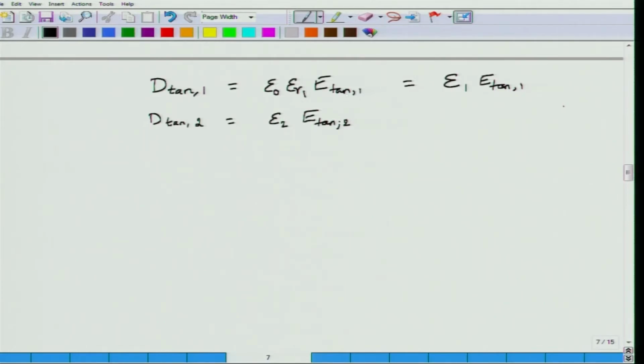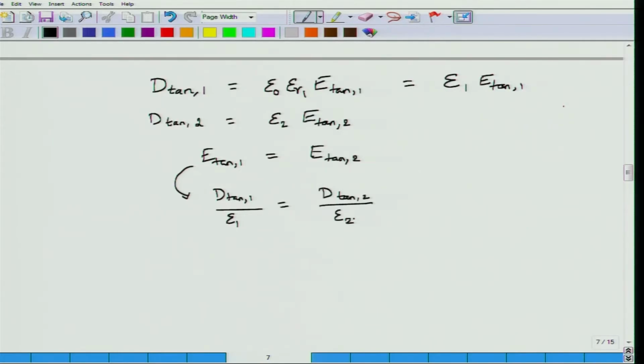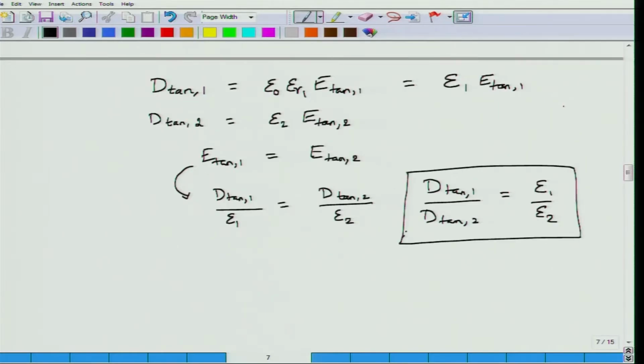Since E tan 1 must be equal to E tan 2, I can substitute for the tangential electric field in terms of D fields. Since E tan 1 becomes D tan 1 divided by epsilon 1, that must be equal to D tan 2 divided by epsilon 2. Or the ratio of the tangential D fields in medium 1 to medium 2 must be equal to the corresponding permittivity ratio, epsilon 1 by epsilon 2.